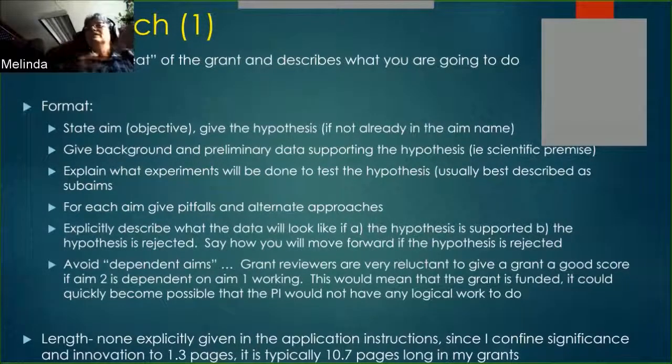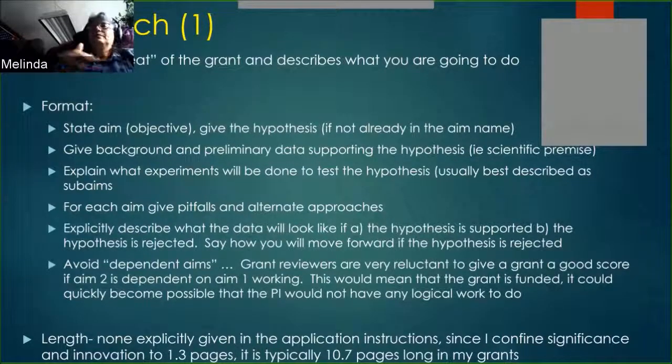If that happens, what alternate approach are you going to use to get at the same question? Or maybe you're only going to use one economic model, but it has limitations. You should say, if these limitations show up so we don't get the answer we're trying to get, we will maybe use these other economic modeling systems as alternate approaches to get at the question if the first approach doesn't work for you.